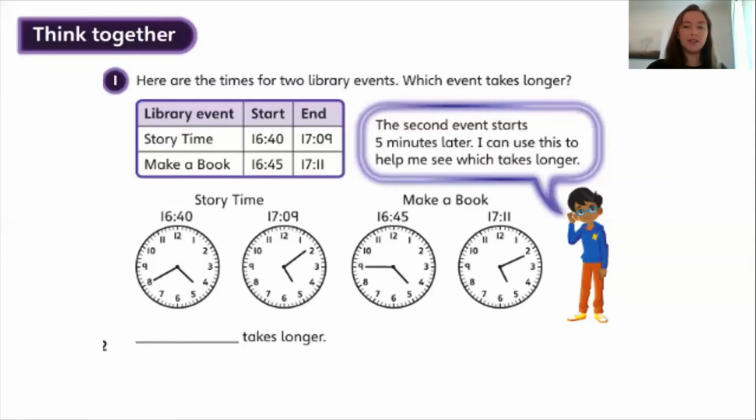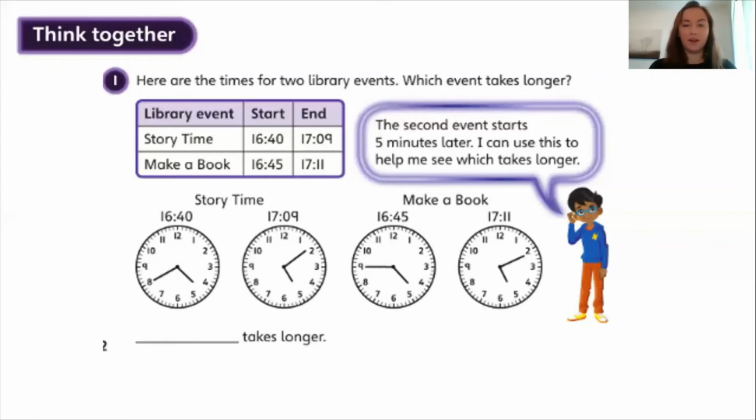These activities start very close together, 5 minutes difference to be exact. So we can just shift the time slightly so that it's really easy to see which lasts the longest. If make a book started 5 minutes earlier at 1640, it's also going to finish 5 minutes earlier. 5 minutes before 1711 is 1706.